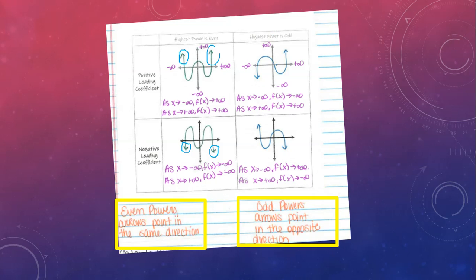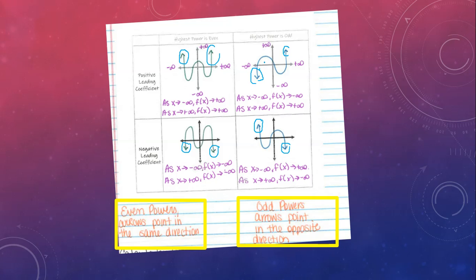If the highest power is odd, the arrows point in opposite directions. So one goes up and one goes down. The only thing that decides that is if the leading coefficient is positive or negative.